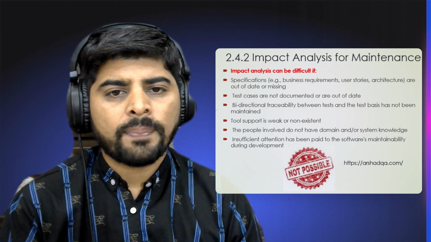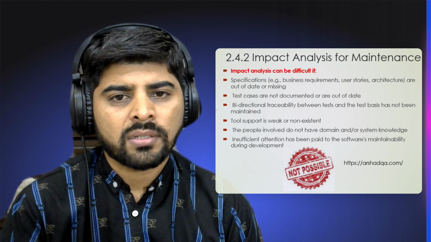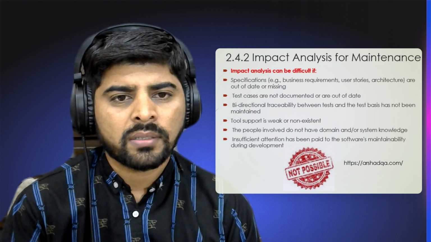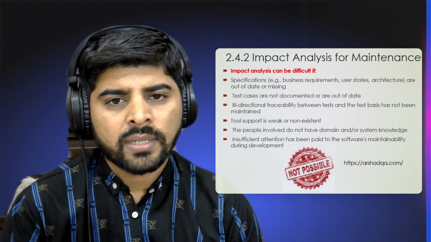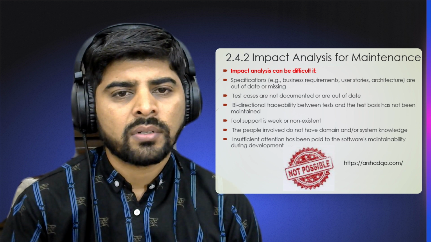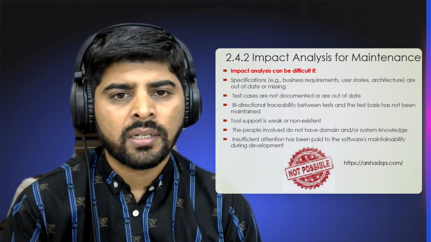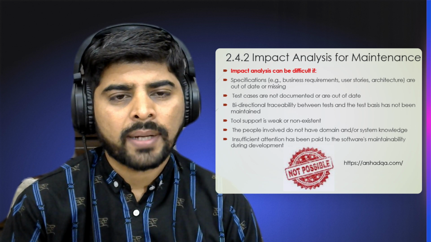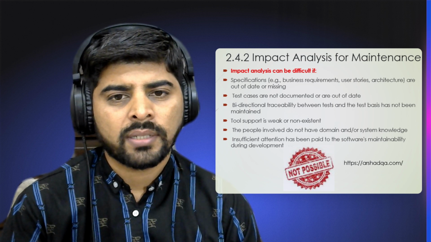Impact analysis can be difficult if the specifications, for example business requirements, user stories or architectural design documents, are out of date or missing. If we do not have any documentation, then it will be difficult, and we cannot correctly do the impact analysis.